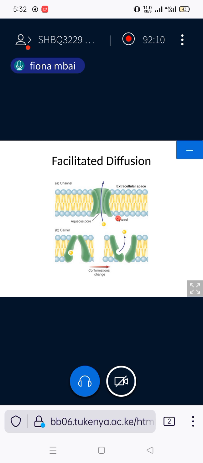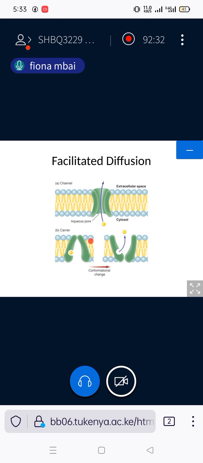So this is a channel, and this is a carrier, an example of facilitated diffusion for this molecule here in yellow, moving it from inside, because this is the cytosolic phase and this is the extracellular space. So this channel will allow the movement of this, and it is facilitated by this pore. The carrier, on the other hand, will bind the yellow molecule here.